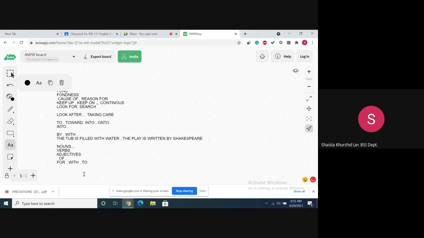So for example, a member of, knowledge of, memory of, method of. ठीक है.